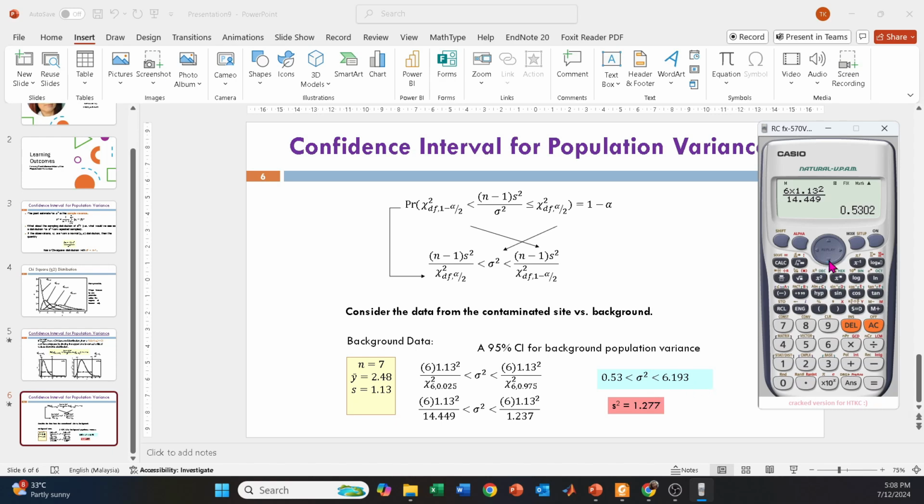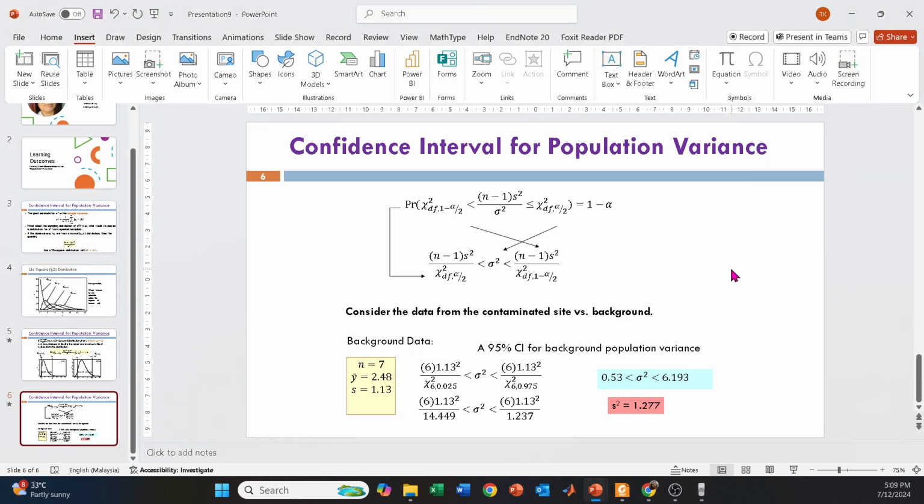Same thing for the upper confidence limit, dividing by 1.237, you get 6.193. So the chi-squared value is used to calculate the confidence interval for population variance.